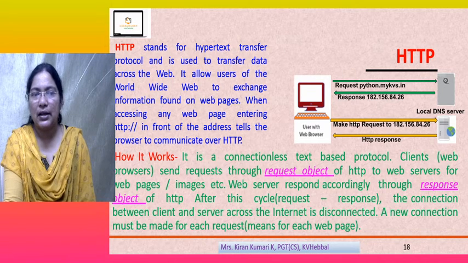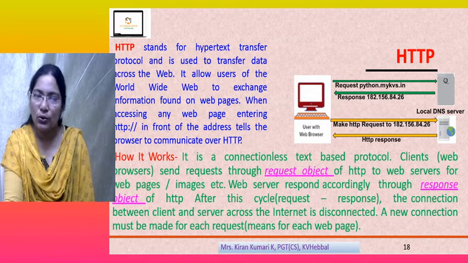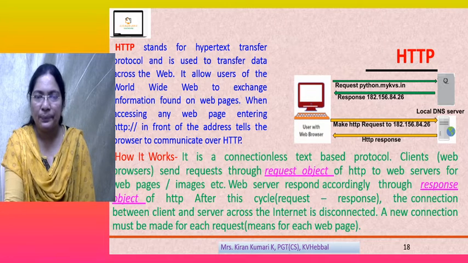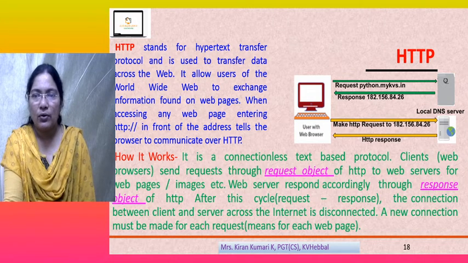How does it work? It is a connectionless text-based protocol. Clients, that is web browsers, send requests through the request object of HTTP to web servers for web pages or images, etc. The web server responds accordingly through the response object of HTTP. After this cycle is over, the connection between client and server across the internet is disconnected.